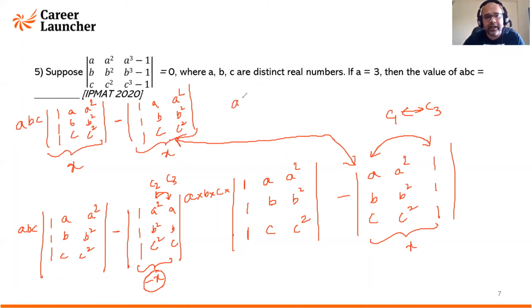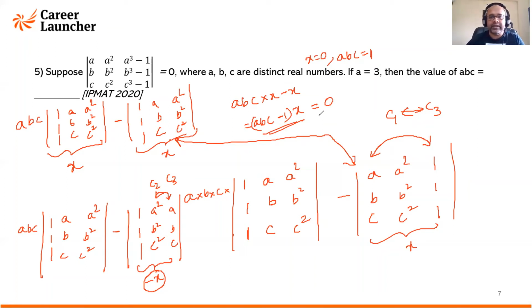So basically, you're looking at ABC into x minus x, or rather, if you take out x common, it becomes (ABC minus 1) into x. Now, this is given to you as 0. So there are two possibilities. Either you will get x equal to 0 or you will get ABC equal to 1, right? Because the product of two numbers is 0, either x equals 0 or ABC equals 1.